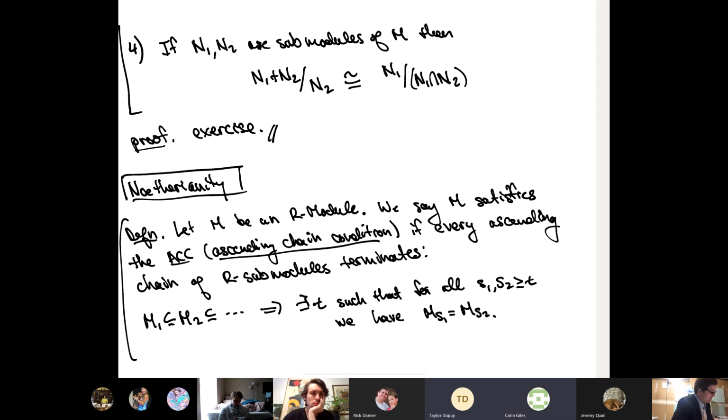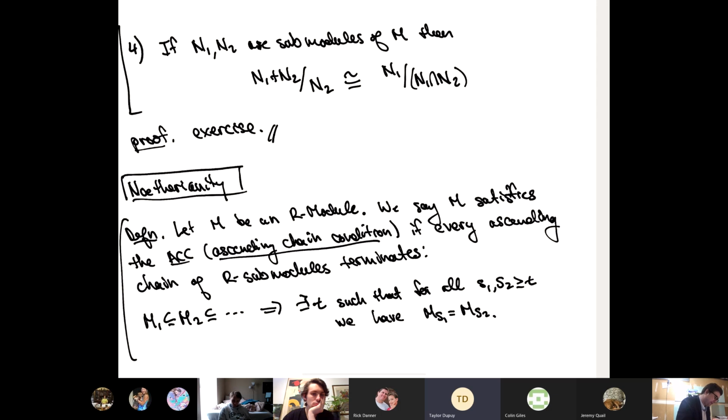Yeah, I might have asked this when we talked about Noetherianity for rings in general, and maybe this is a naive question, but M is an R module. Wouldn't that make all of these ascending chains terminate at M? No, because you could keep going.